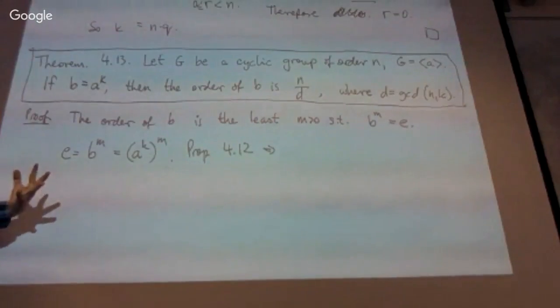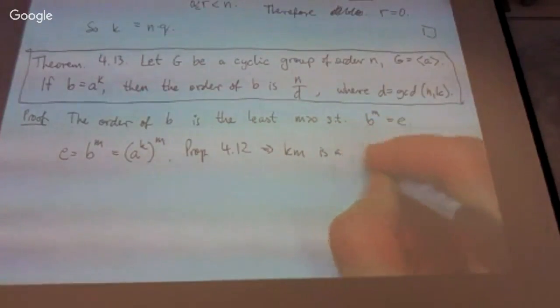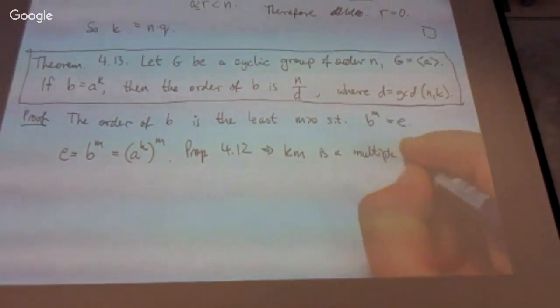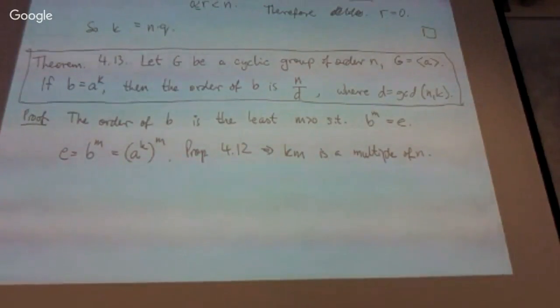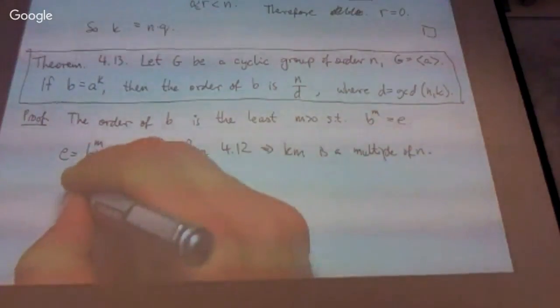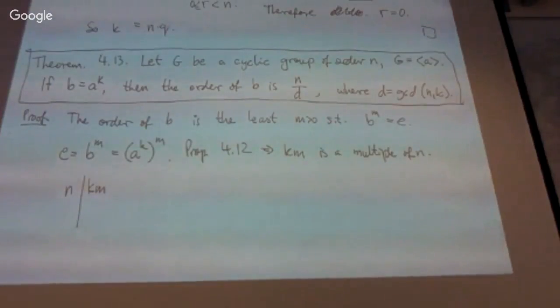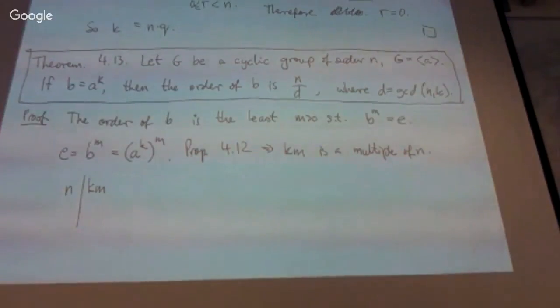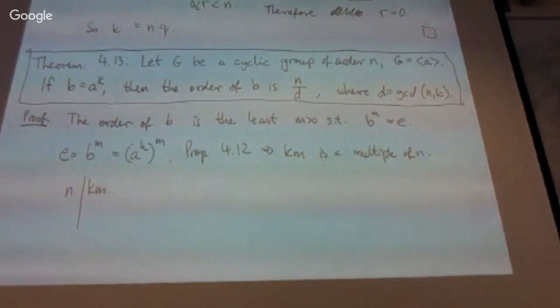So km has to be a multiple of n. So n divides km.